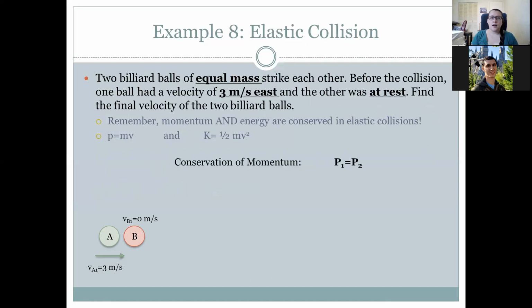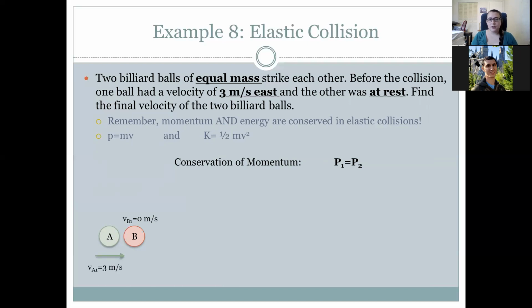Okay, so I put in bold and underlined some of the really important things in the scenario that you'll want to take note of as you go through this example. First of all, they are equal mass, which will greatly simplify the math for us, as you'll see in just a couple minutes. And then again, ball A has a velocity of 3 meters per second east, and ball B is initially at rest. So those are the important things that we'll take note of.